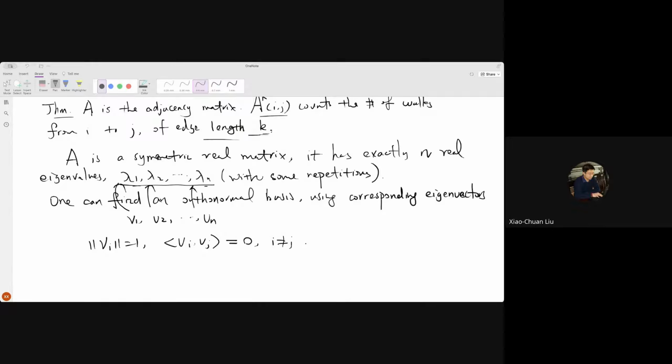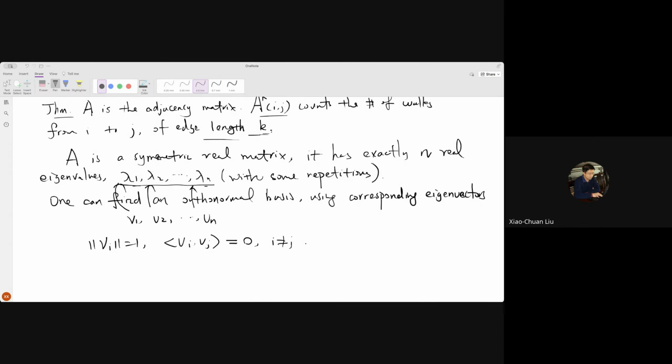All right, are you familiar with these things? I'm not going to use very complicated linear algebra, but this you have to know. This is true specifically for symmetric matrices.